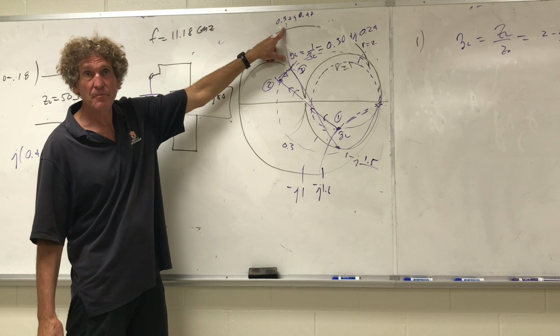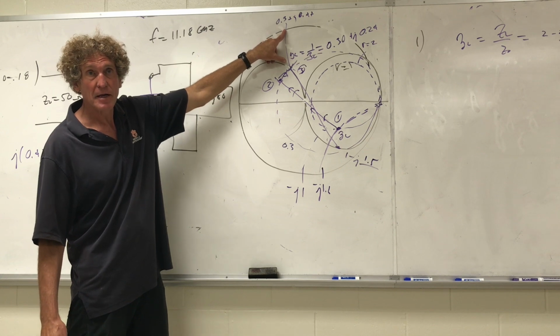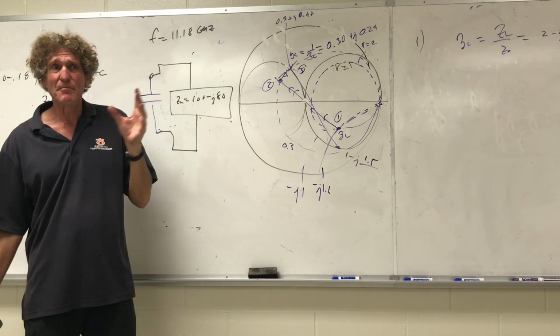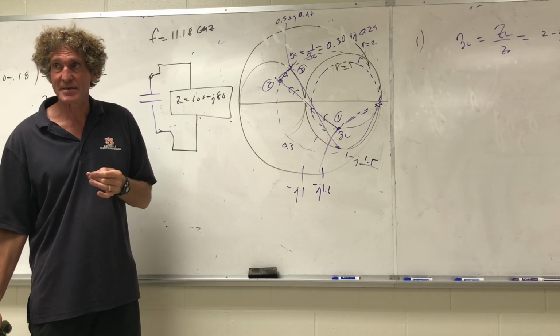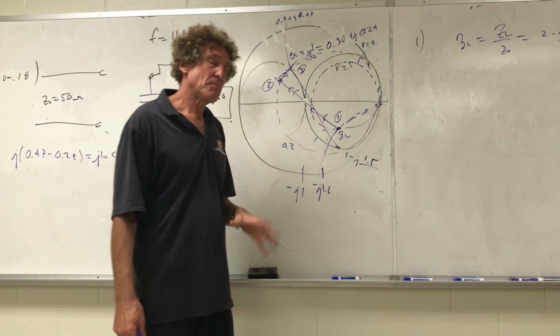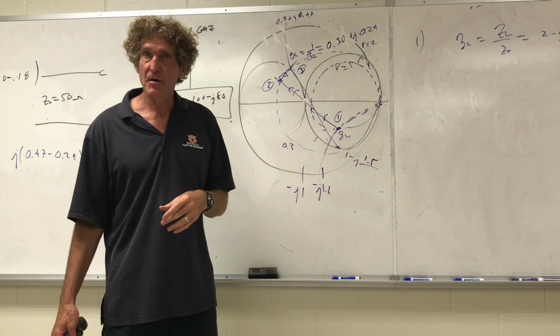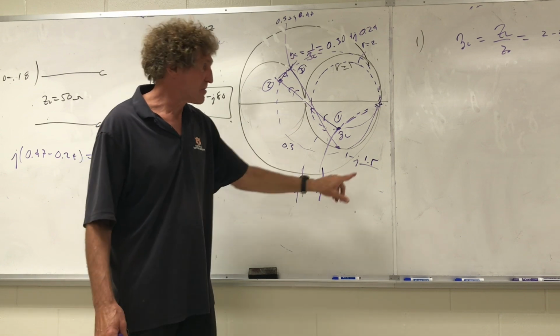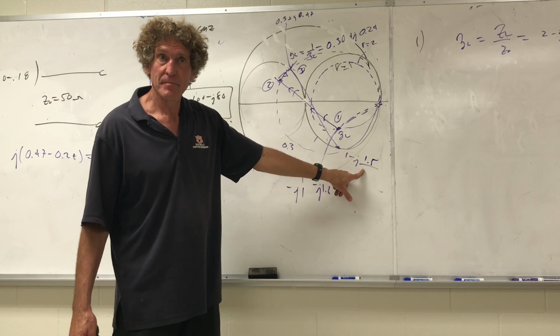Can you all read this? Greg? Take 1 over that, you better get about 1. It's going to be 0.99 something. You'll almost never get exactly 1. With me? And then it should have an imaginary part of about minus 1.5. You all with me? So we want to add an inductor in series to get rid of that, right?